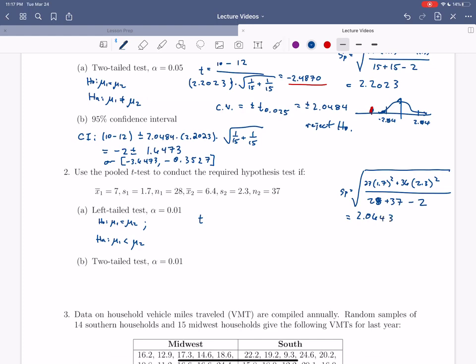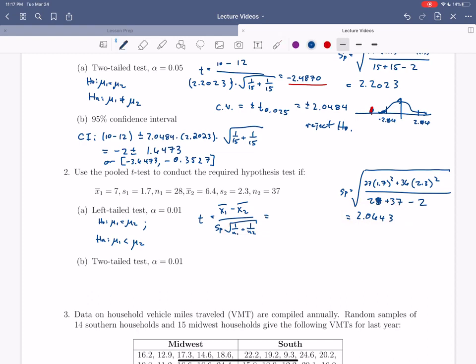It turns out that your test statistic is going to end up being, so again, remember that the formula is x1 bar minus x2 bar over the pooled standard deviation times the square root of 1 over n1 plus 1 over n2. So in our case, we get 7 minus 6.4 divided by 2.0643, which was our pooled standard deviation, times the square root of 1 over 28 plus 1 over 37. Pop everything in.